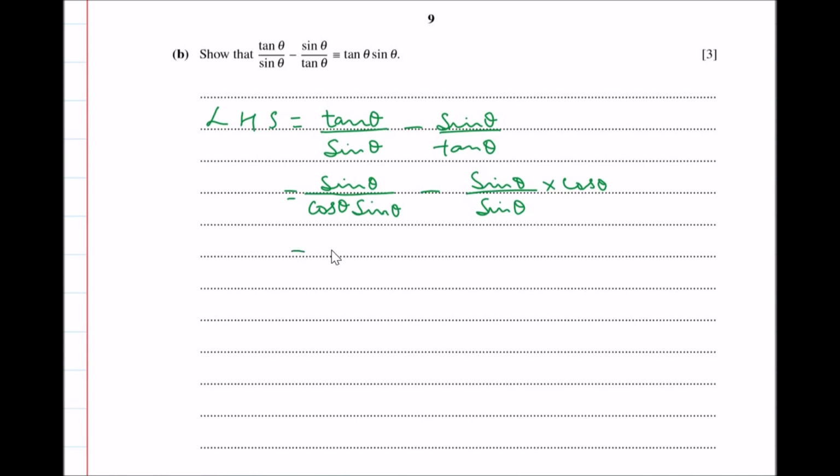Now next step, sin theta by cos theta sin theta minus sin theta cos theta divided by sin theta.